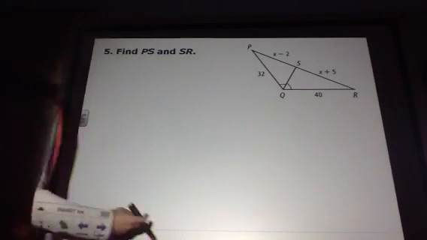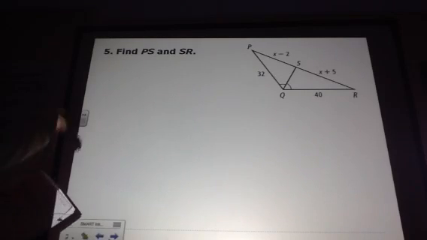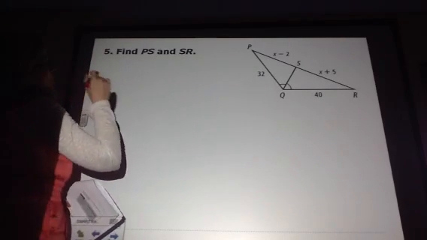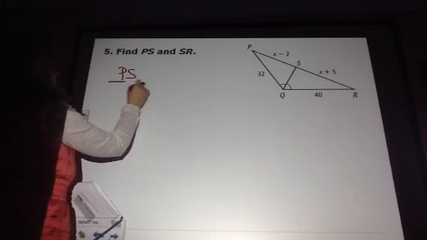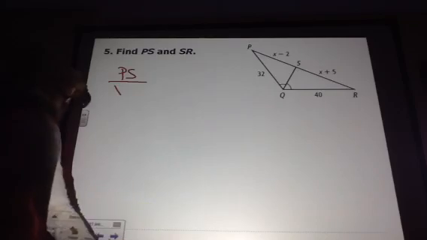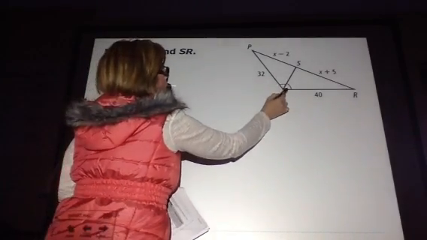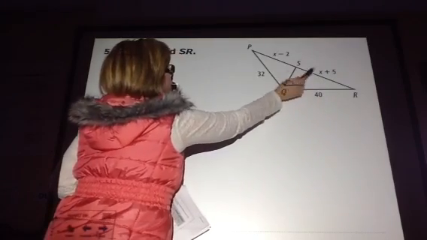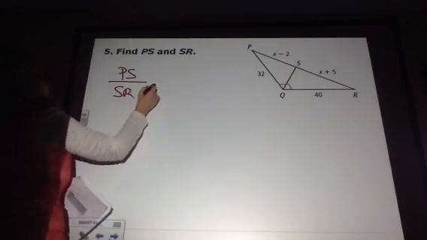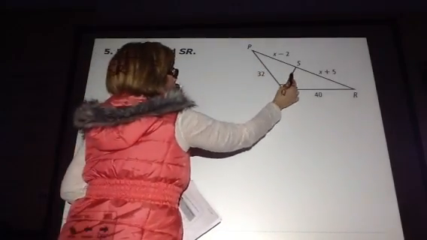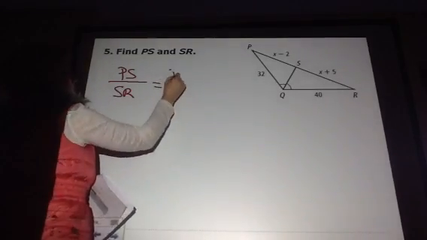Find PS and SR. Okay, let's do PS. The angle bisector bisects this segment here. So you have PS over SR equal to, PS corresponds with this angle here, so equal to PQ.